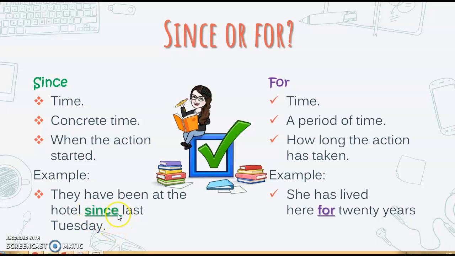It means that the action starts last Tuesday. Okay, now for helps us to talk about a period of time, how long the action has taken. For example, she has lived here for 20 years. Yeah, so this period, she has been here, okay?